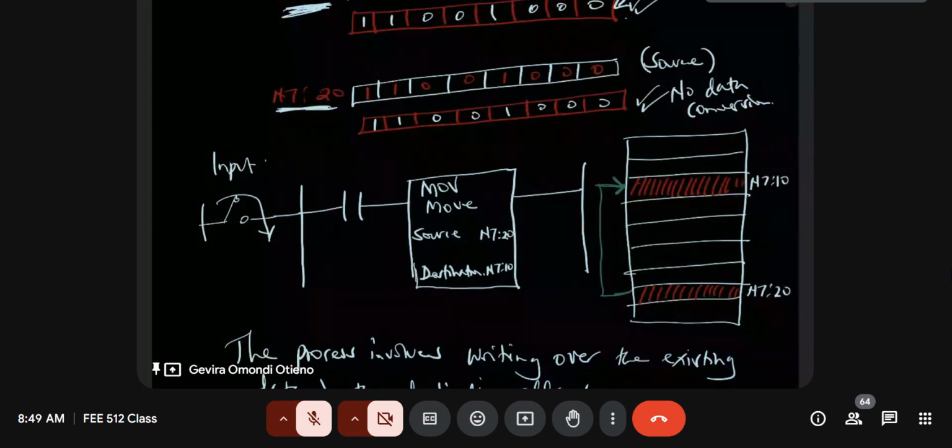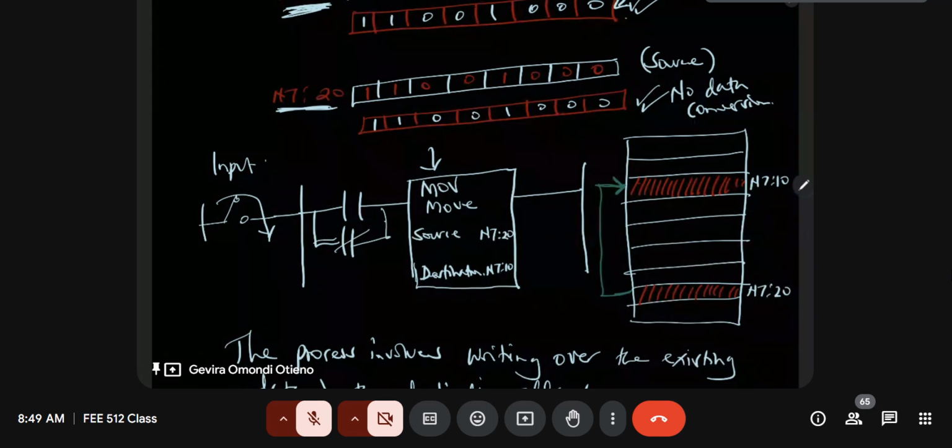This is what I mean. When we are drawing the ladder diagram, because I want this to be as practical as possible, in the real world, you might find that before this move instruction is executed, you must have certain input conditions indicated here that must be met before the move instruction happens.